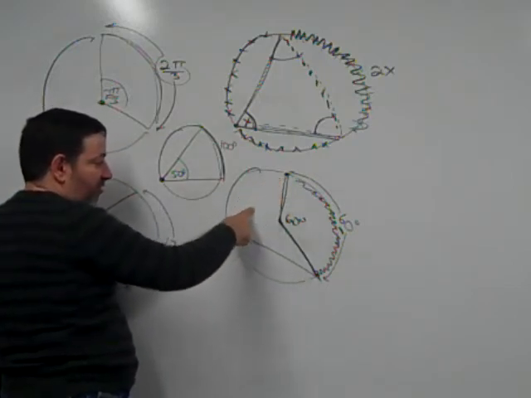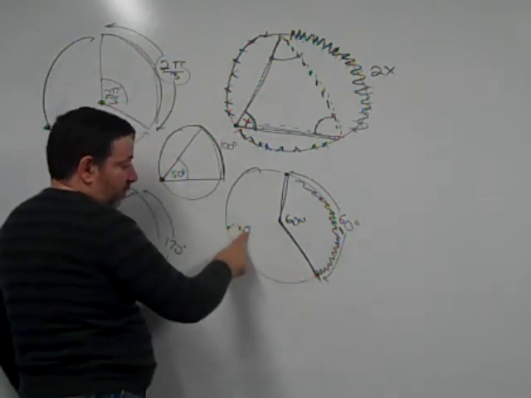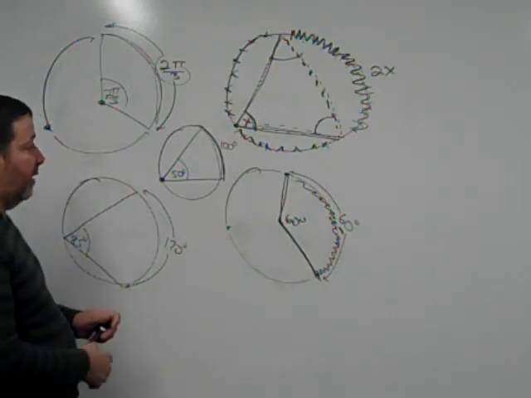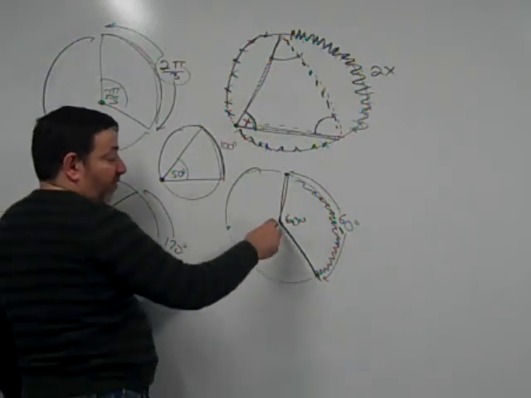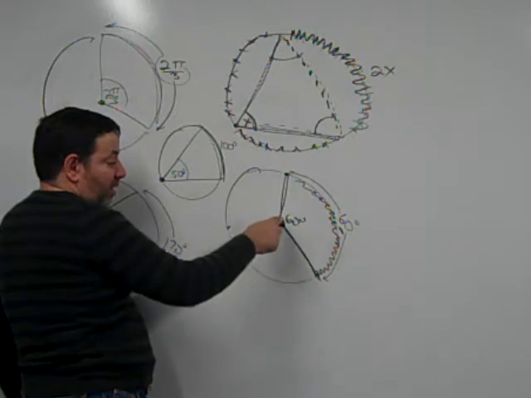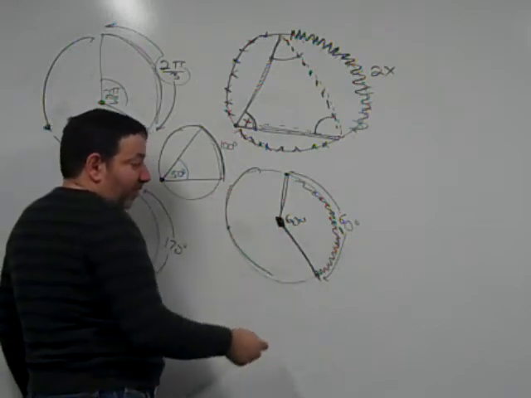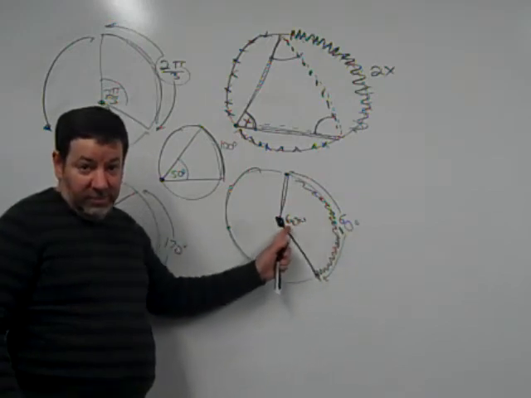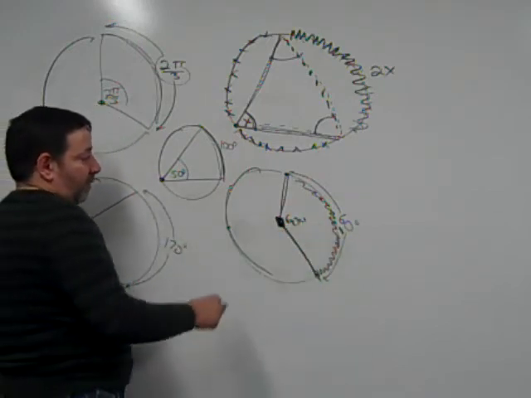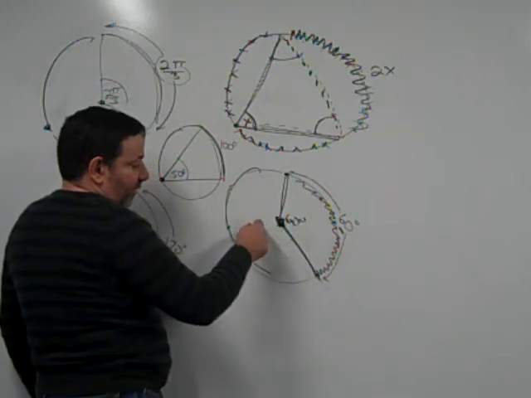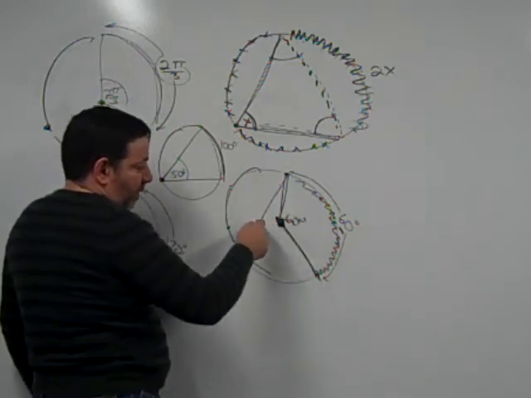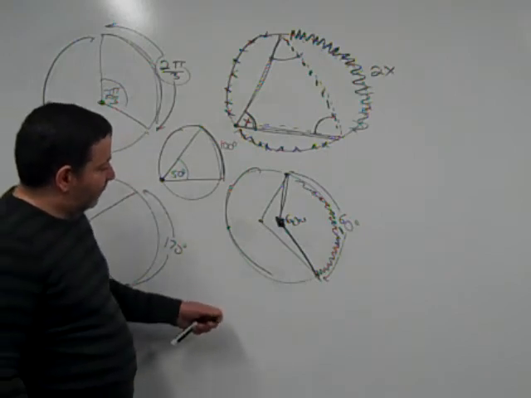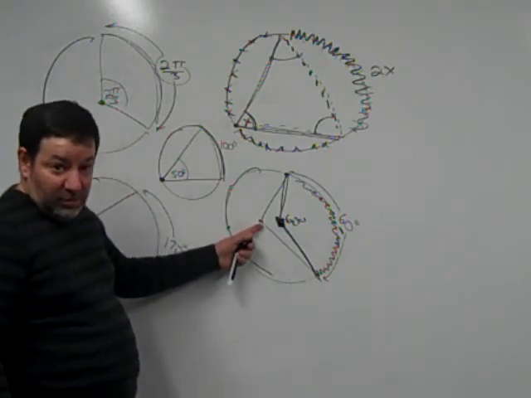You don't want to see this here? Fine. If that's the center, we're okay. Now, if this is not the center, and it's not on the perimeter, then we really can't tell. I mean, if that is the center and then I put it here, you should realize that this angle got smaller.